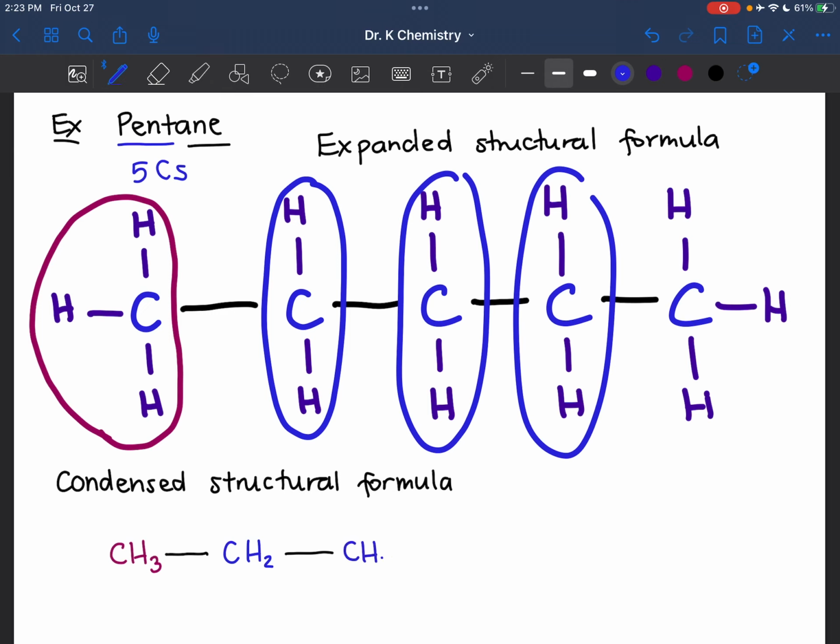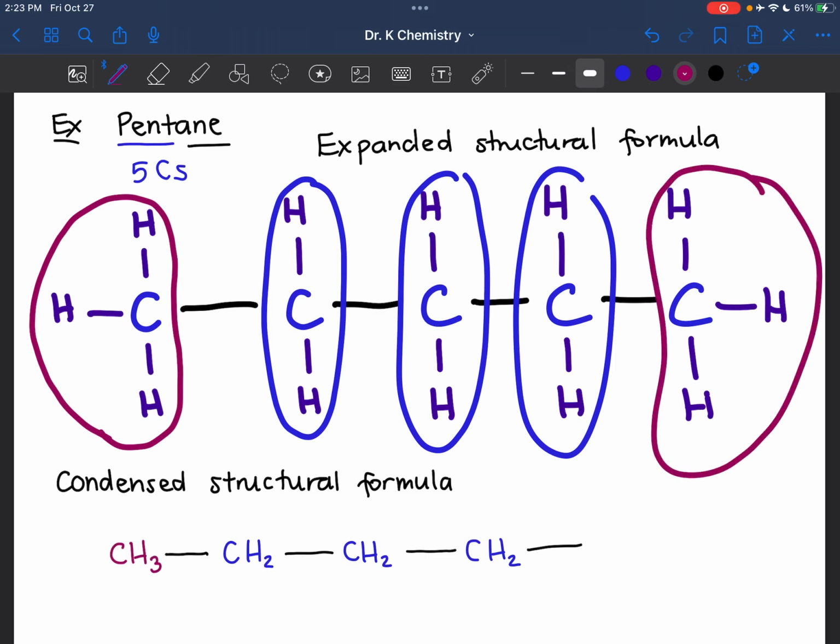So I could write both of these as CH2s. And finally, when I get to the end, it looks like this is another CH3 unit. So I would just collapse that down into CH3. And that's our condensed structural formula. So we're drawing in these bonds that are connecting the carbons, but we're not showing how the hydrogens exactly connect to the carbon.